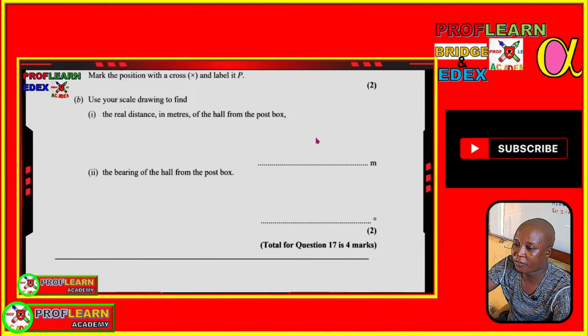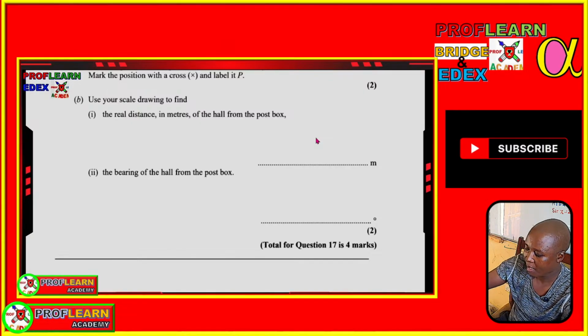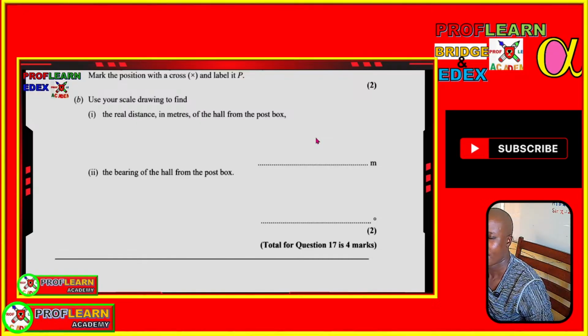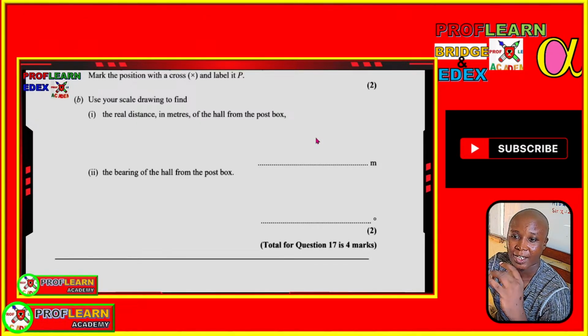The question of bearing, that one I cannot do on screen because it requires some sort of construction. I've already ordered a document camera, which I'll be using in my videos, which will enable me to write on the document camera. Whenever I'm writing on the document camera, then you will be able to see as I'm writing.